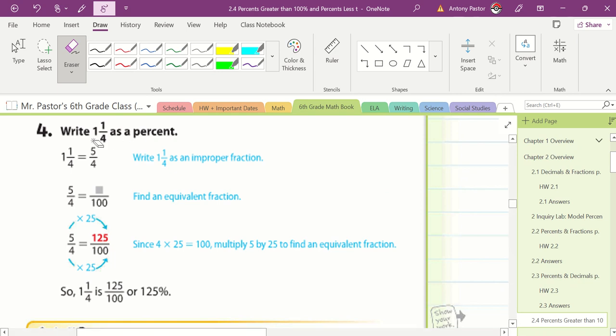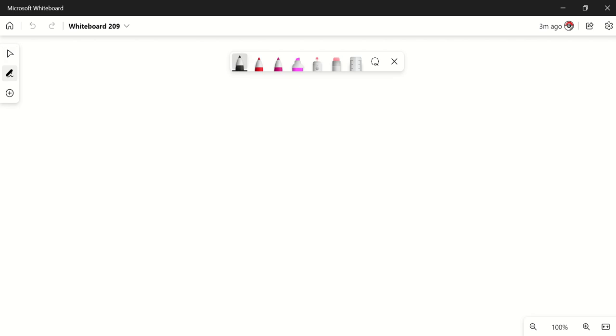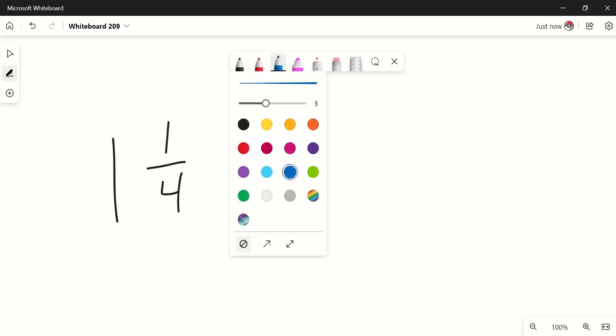Now, in order to write 1 and 1/4 as a percent, I will need to turn this into an improper fraction. In order to turn 1 and 1/4 into an improper fraction, I need to do the following. Now, when you have a mixed number, 1 and 1/4, to become an improper fraction, what you need to do is this, and this definitely needs to be in your notes, ladies and gentlemen.